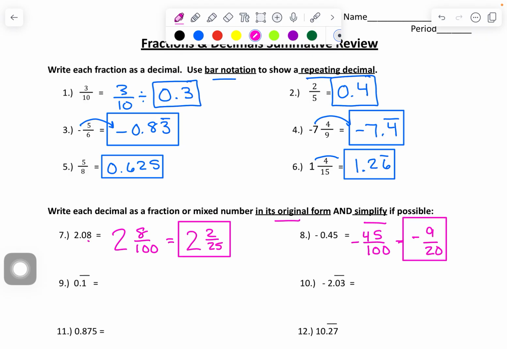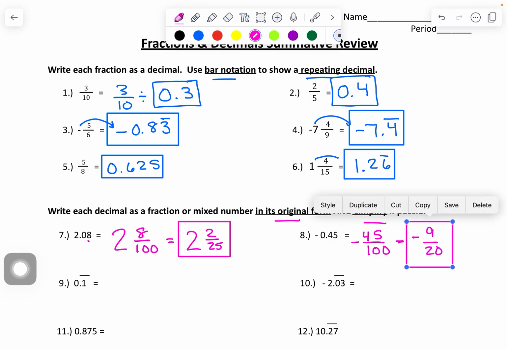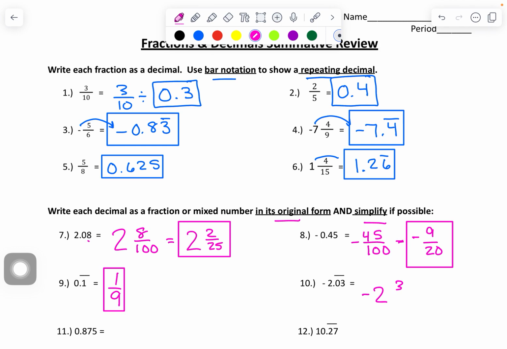The next one is repeating. Remember, with repeating, that's where your 9s come into play. So if one number is repeating, like I see here, it is 1/9. Now 1/9 does not simplify, so therefore that is my only answer I have to write. Whereas in number 10, 2 numbers repeat.